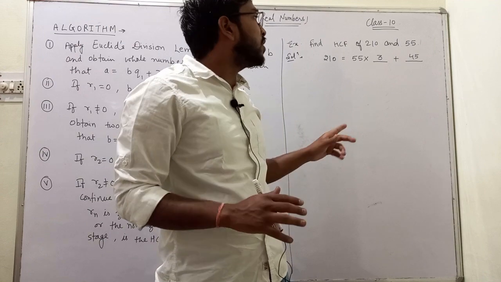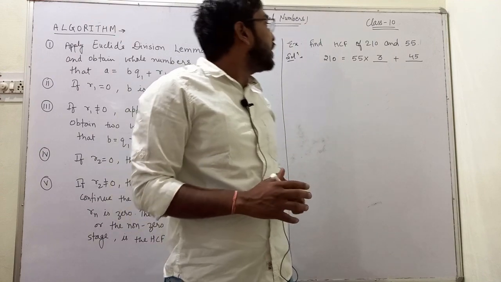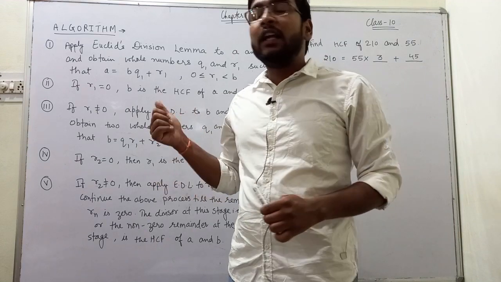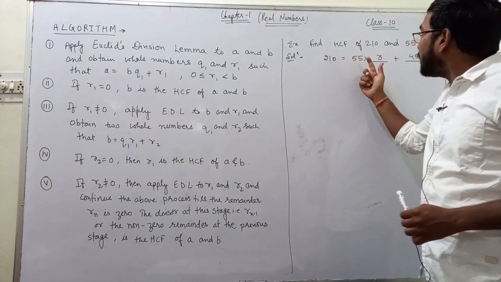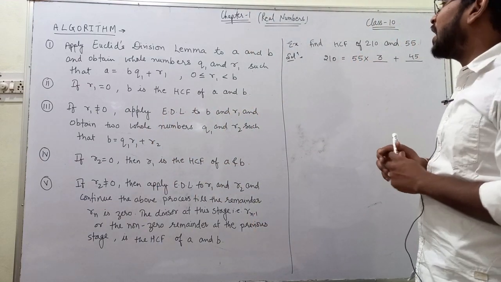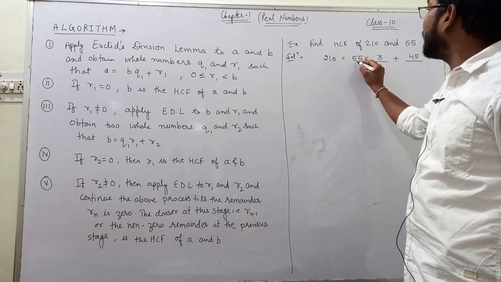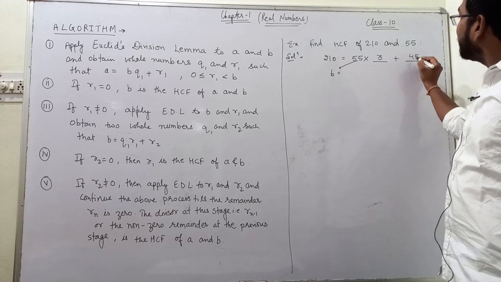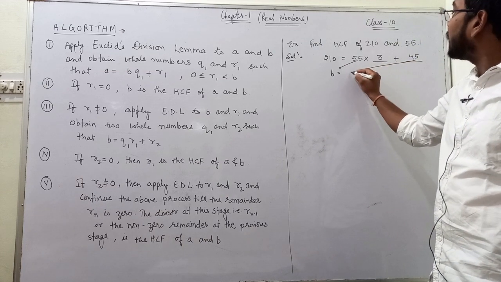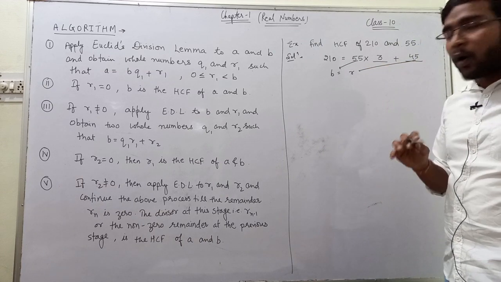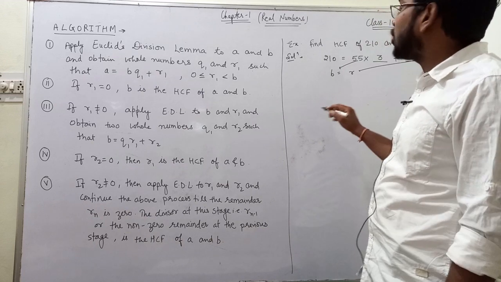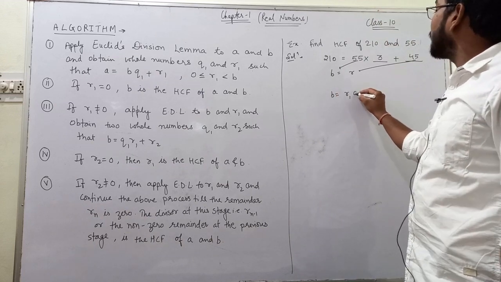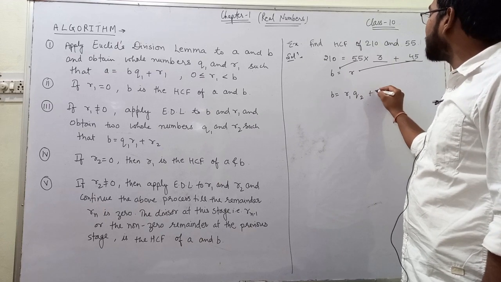If the remainder is not 0, we need to again write the Euclid division lemma, but in place of a and b, the given expression will be like this: b will come here and this remainder will come here. So we get an expression of the form b equals r1 times q2 plus r2.